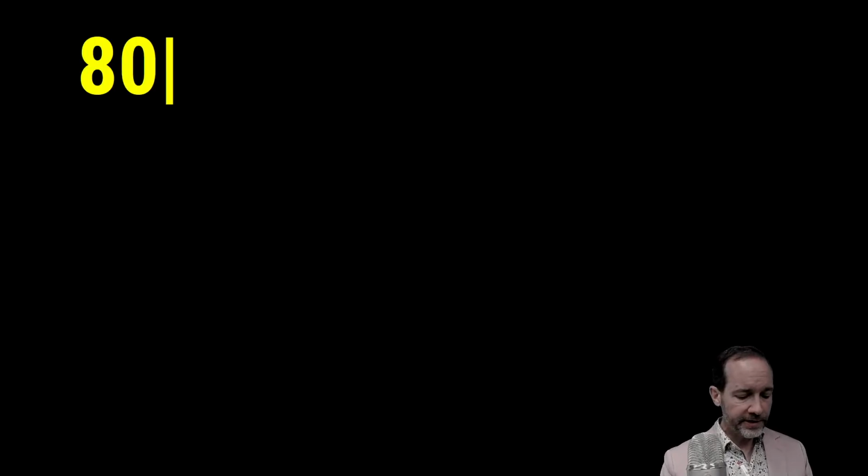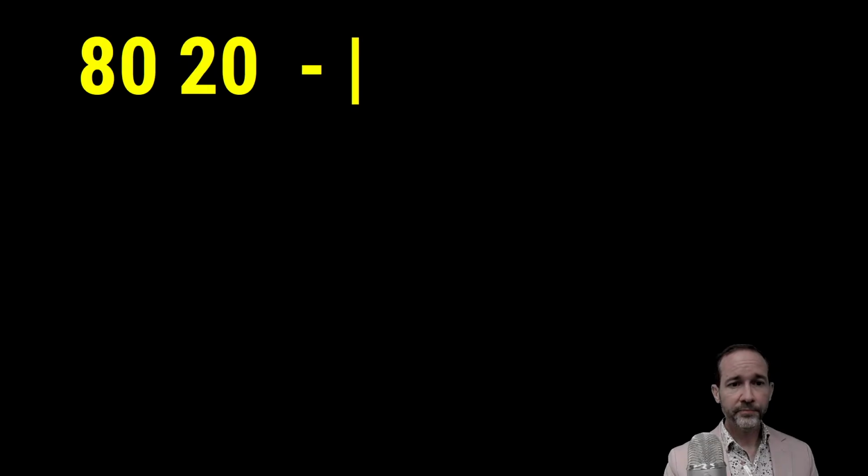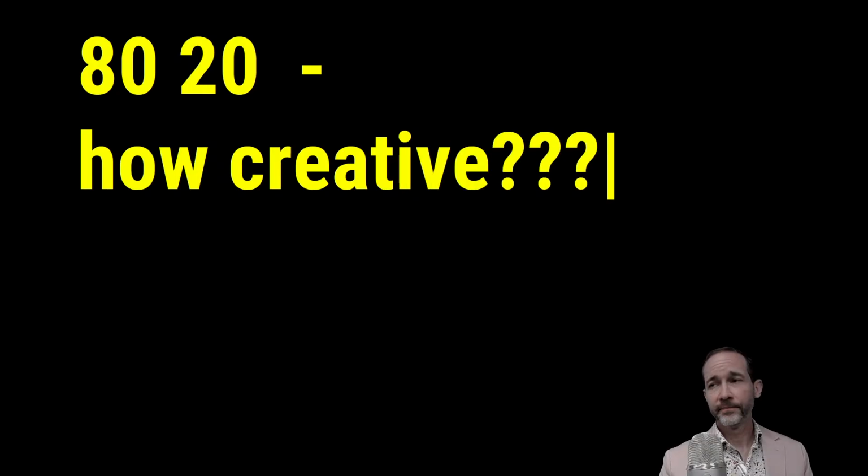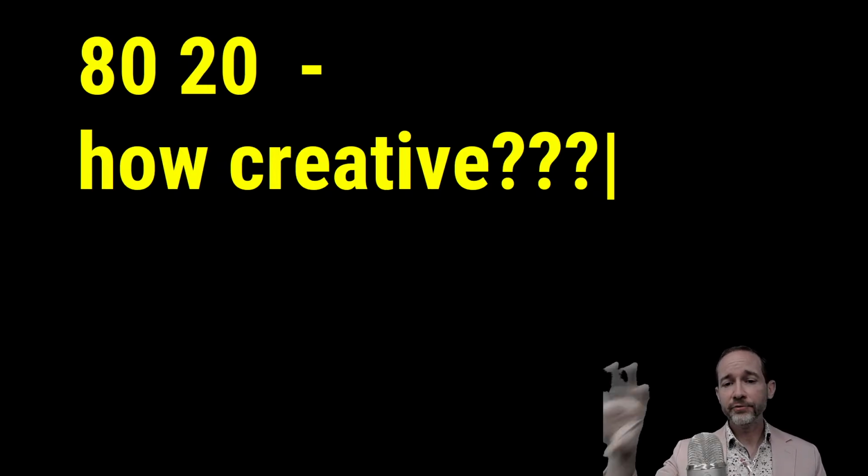The 80-20 rule. I apply this in many, many different areas. One of them, especially at the beginning of the semester, is how creative should I get? We've all seen really great video games and really great computer graphics, and so you've got a lot of really great ideas. You can create them incrementally.